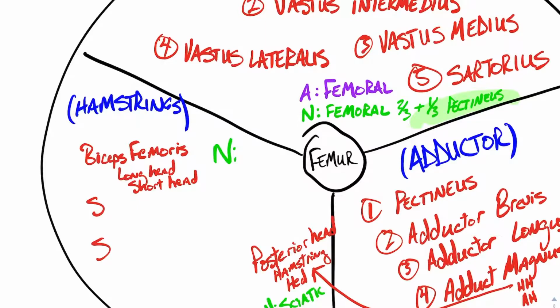And then we have the semimembranosus. Again, this is trying to keep them in order of the way that they are laid out in the leg. So semimembranosus, and whoops, I shouldn't have had the extra S there.